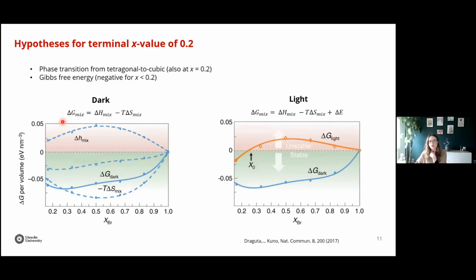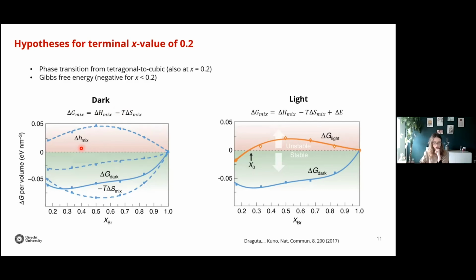And in this delta G mix, there are two terms. One term is the enthalpic term, which is closely linked to strain, and in particular to lattice mismatch when mixing iodide and bromide in the same perovskite, and an entropic term.